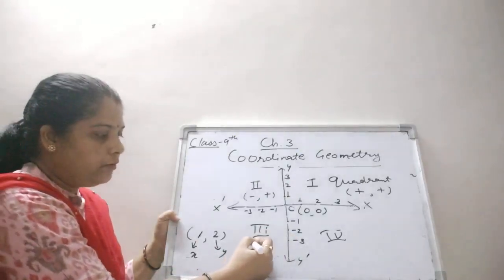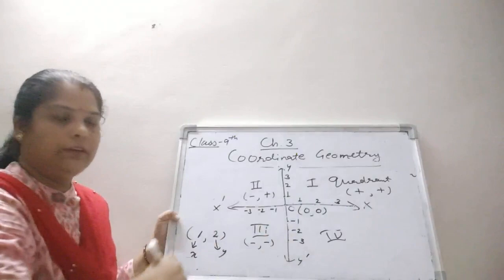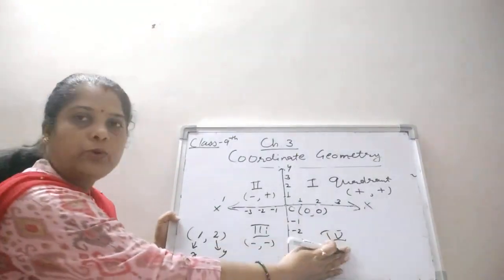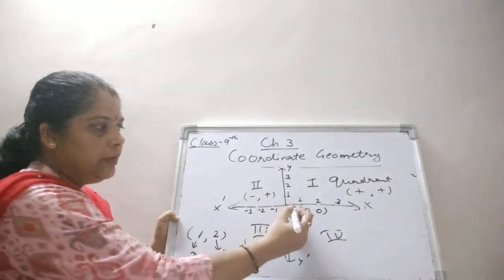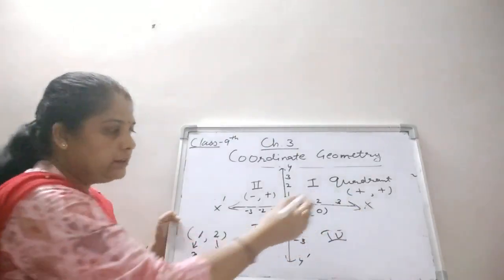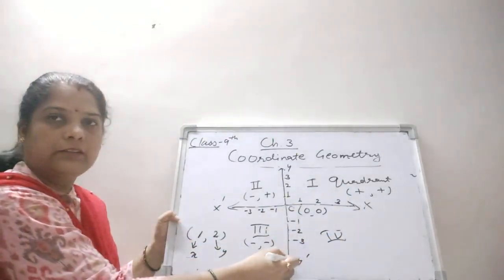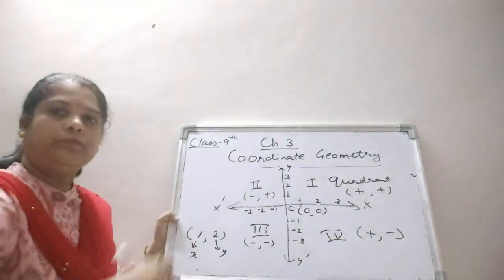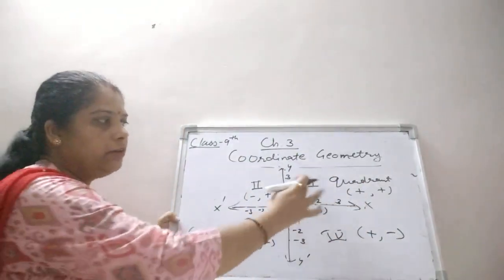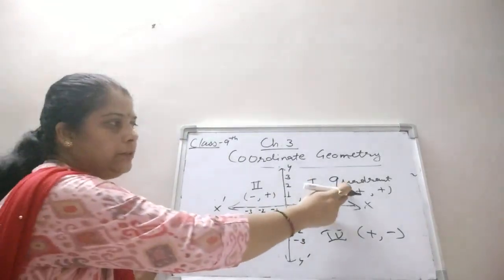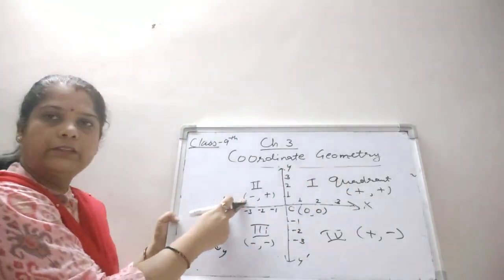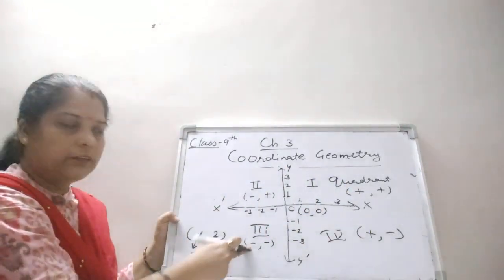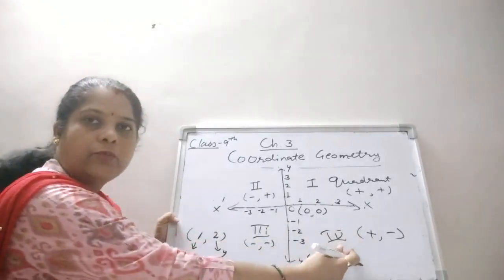So the sign of the third quadrant is minus minus. And now the fourth quadrant, the last one: here we have positive x-axis and negative y-axis. So positive and negative. So these are the signs of the quadrants. Plus plus first quadrant, minus plus second quadrant, minus minus third quadrant and plus minus fourth quadrant.